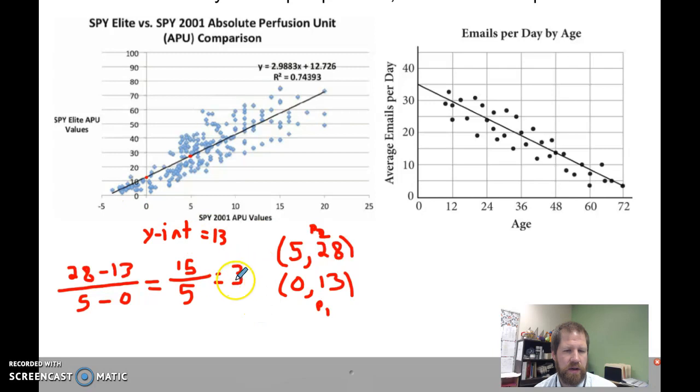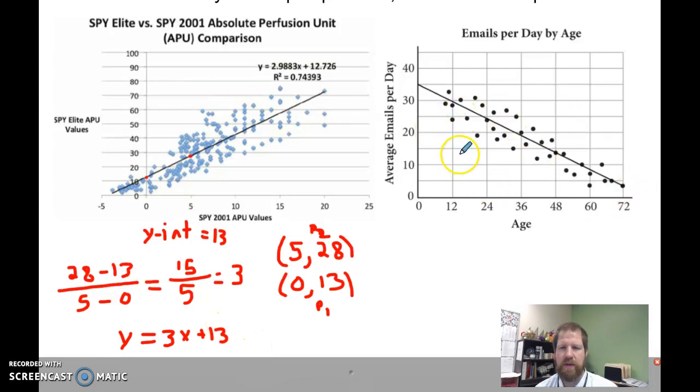So my slope is 3, my y-intercept is 13, and my equation for this line of best fit I would estimate as y equals 3x plus 13.